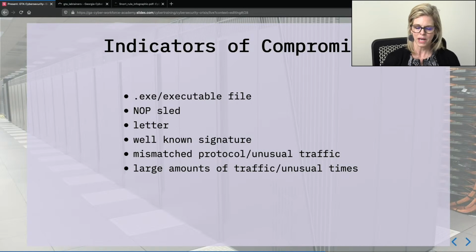So when we talk about mismatched protocols, your ports can range from 0 to 65,535. And there are well-known ports that are ranged from 0 to 1023, and then 1024 to some specific number that I don't remember off the top of my head. You can actually reserve for specific applications, and then past a certain point, which I think is 49,000 to 65,535, these are actually our dynamic or private ports.